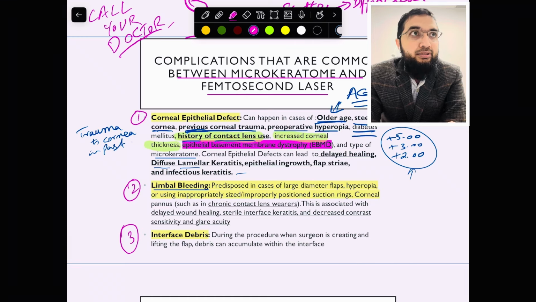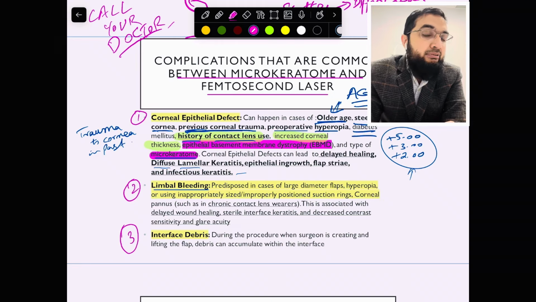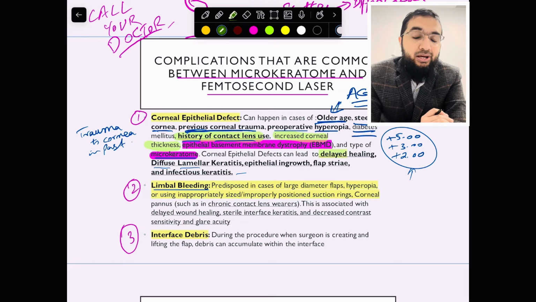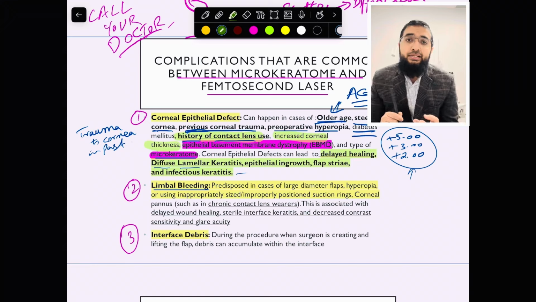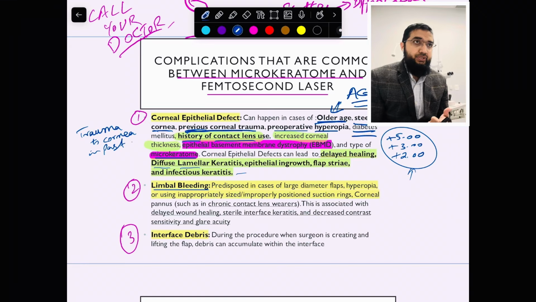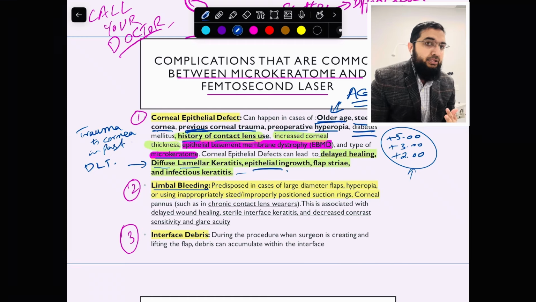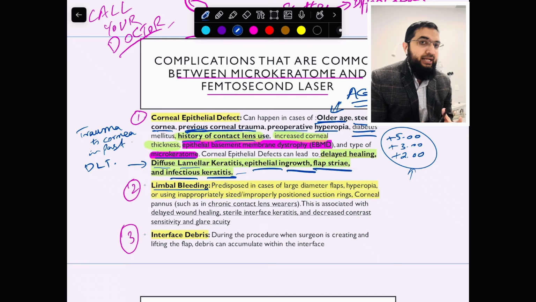EBMD, epithelial basement membrane dystrophy, and the type of microkeratome used for the surgery also determine the problem called corneal epithelial defect, because this defect can lead to delayed healing of the LASIK surgery, diffuse lamellar keratitis, epithelial ingrowth, flap striae, and infectious keratitis.